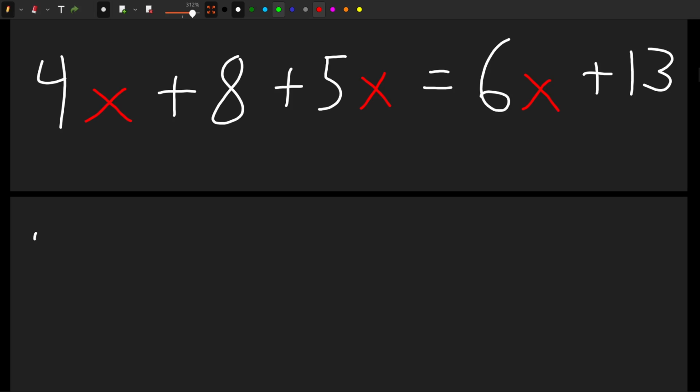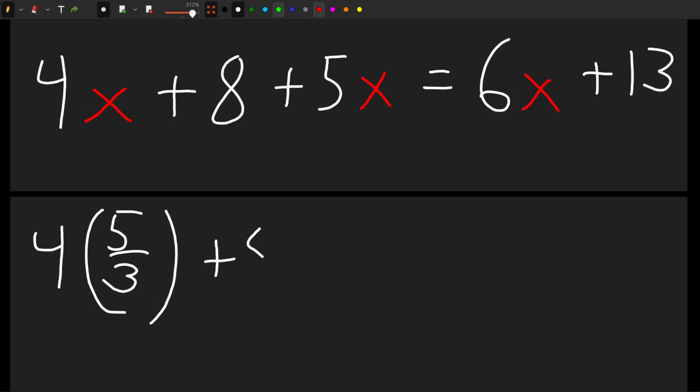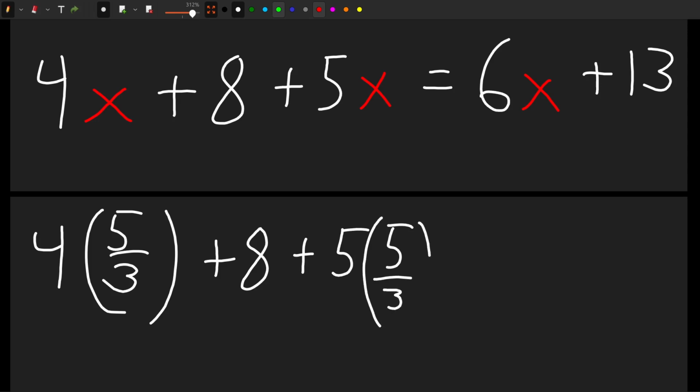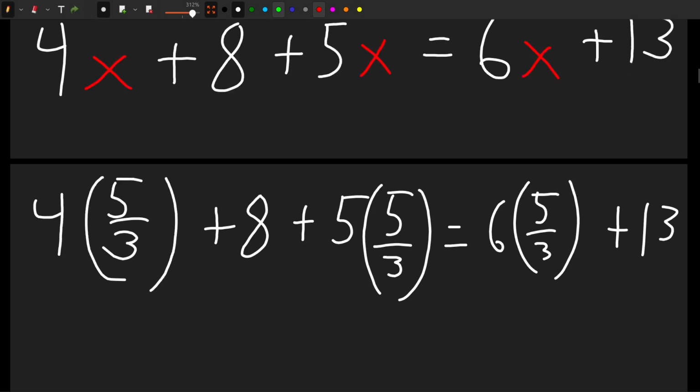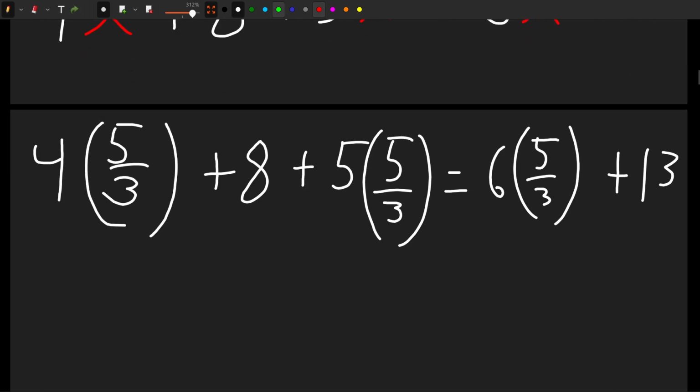And so on the left-hand side, I'm going to get 4 times 5 thirds plus 8 plus 5 times 5 thirds is going to be equal to 6 times 5 thirds plus 13. Multiplying this out, there's nothing I can really simplify on the left. I can simplify on the right-hand side.